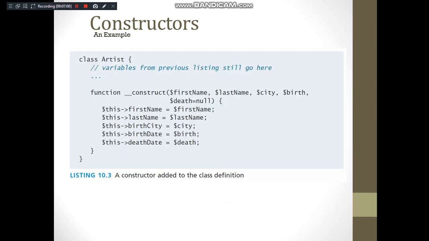So this is one particular example where you can define how a constructor is added to the class definition. You can see here underscore construct is used along with the function name, and you can have multiple parameters. You can assign default values for them, and you can make use of the this pointer in order to specify a property of the object that the pointer is pointing to.